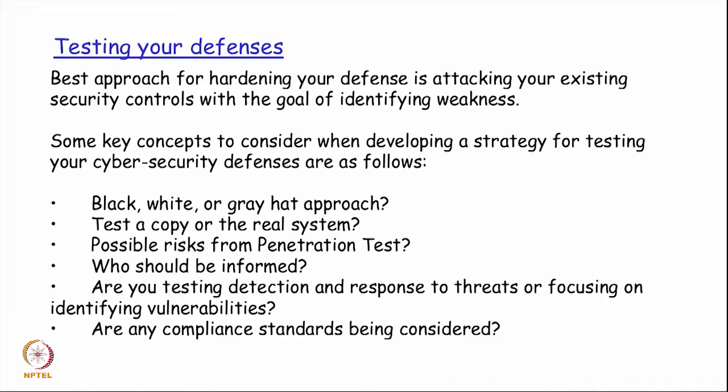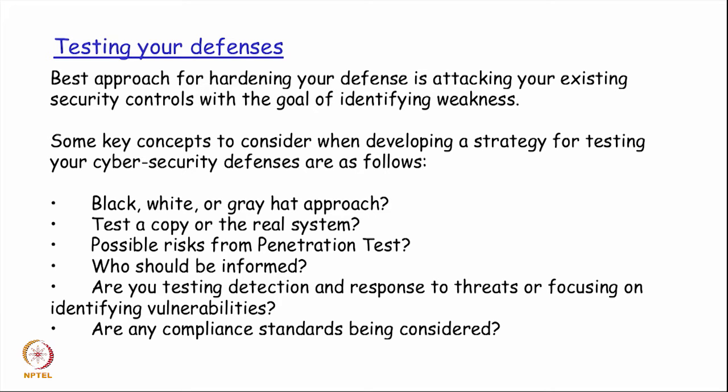Now, some of the key parameters that one needs to consider while developing a strategy for testing any kind of external attack possibility is what kind of testing we are going to do. We talked earlier about black box testing, white and grey hat approaches, right. The second parameter is, are we going to test a copy or the real system, right.